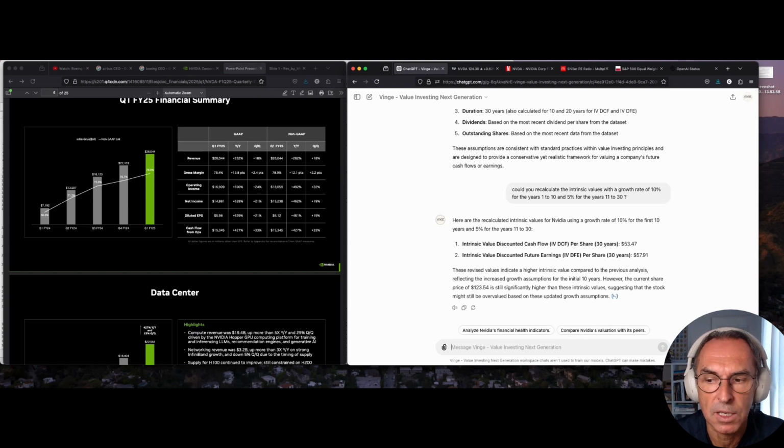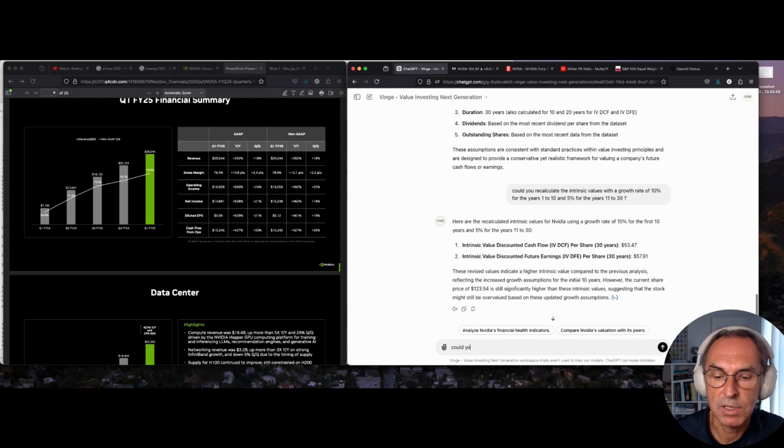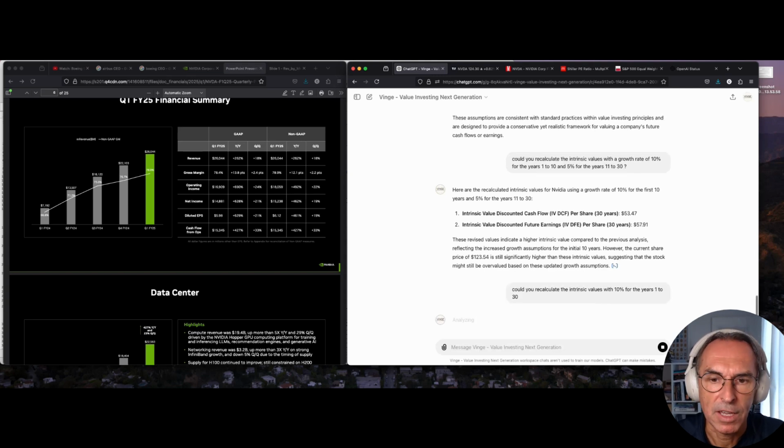My conclusion is that Nvidia, even with 10%, and I will now even take the very overestimated scenario: could you recalculate the intrinsic values with 10% for the years 1 to 30, because that's really very, very high growth.